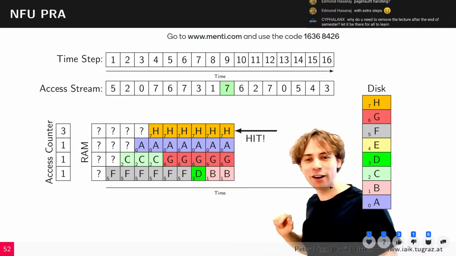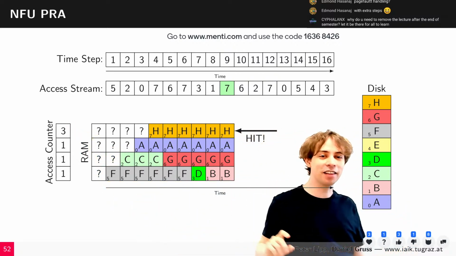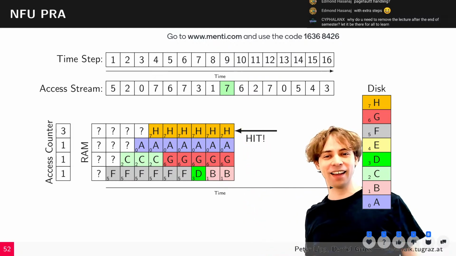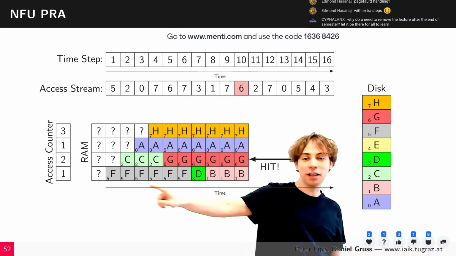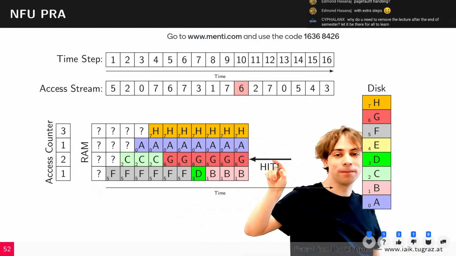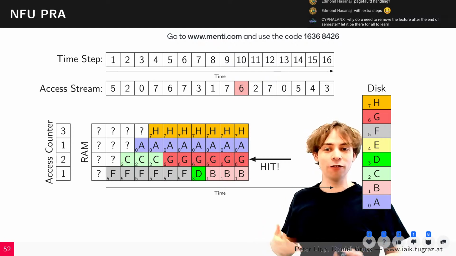And then we have an access to number 7 again. And it's already in the RAM, so it's now at access counter 3. So this is really nice. This page is never going to be evicted, right? Okay, let's see what happens next. We access page number 6. Now this page is at access counter 2. So this page now also has a lower probability of being evicted.